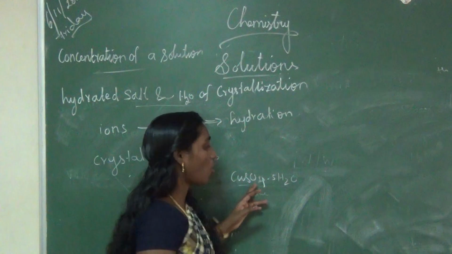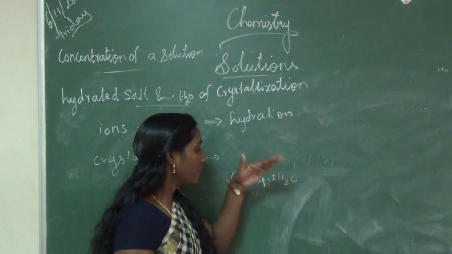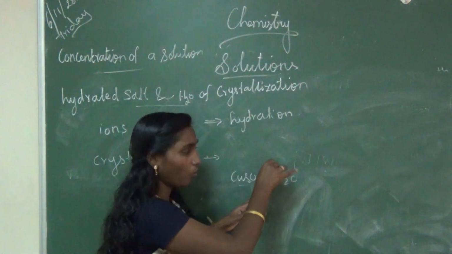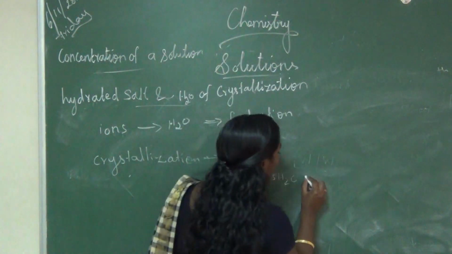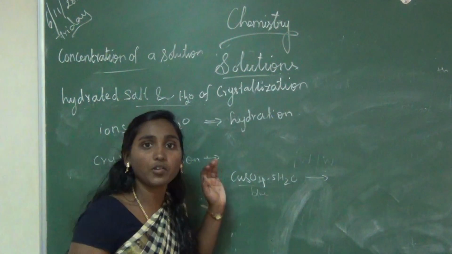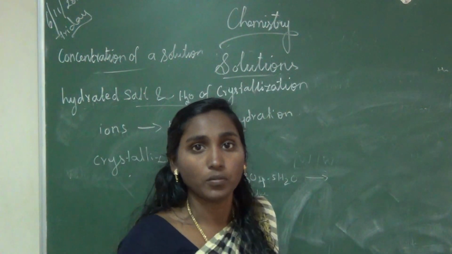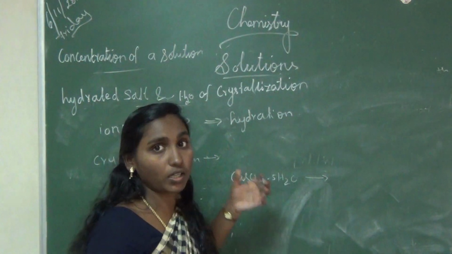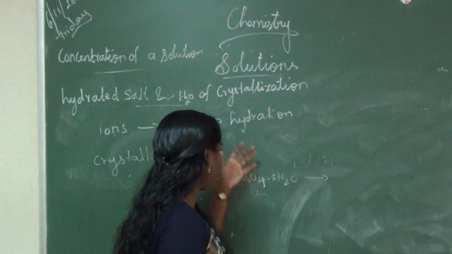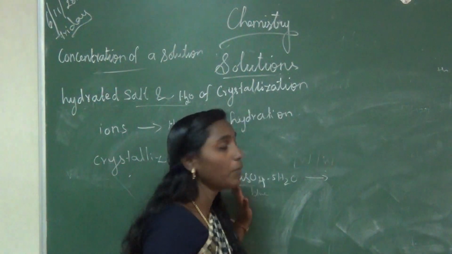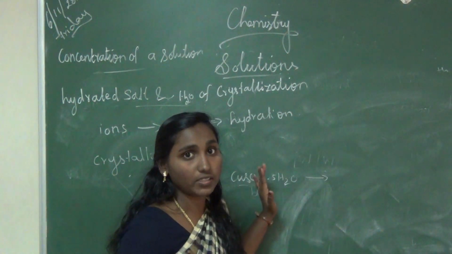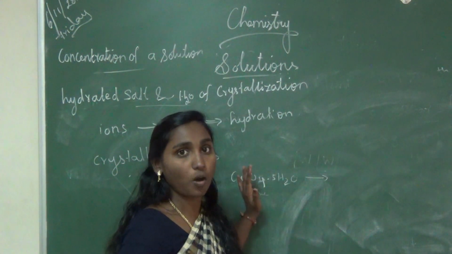On heating, this copper sulfate pentahydrate will lose its water molecules to form amorphous copper sulfate. Amorphous means powdered form. It does not have water, so we can say anhydrous copper sulfate.